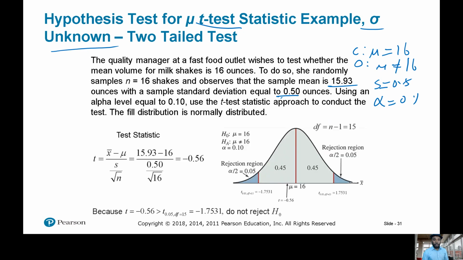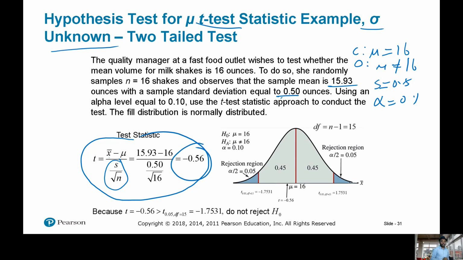Given all that we have here, we can determine the T statistic. The T statistic is basically X bar minus mu divided by the standard error, which is S over square root of n. With what is given, we can compute this. So that's the test statistic. But what we need to know next is how to determine the critical value.